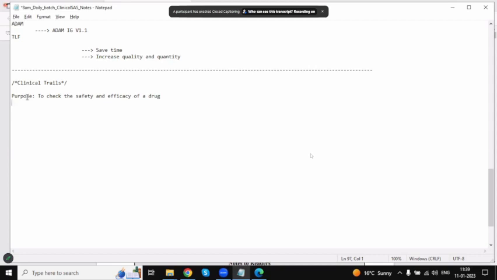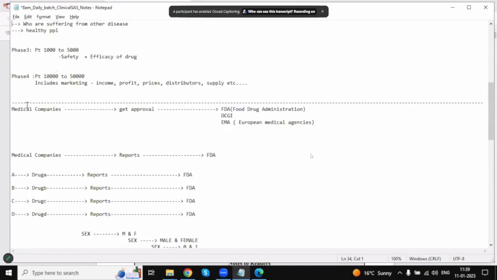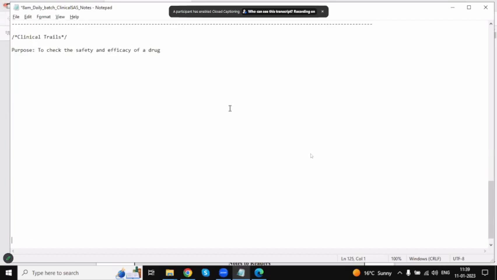Okay, some terminologies. I was telling you medical companies do this just to get an approval from the FDA. Going forward, I won't use the terminology medical companies. I'm going to call them the sponsors. On whom are we going to conduct these clinical trials? On whom will we test this drug?